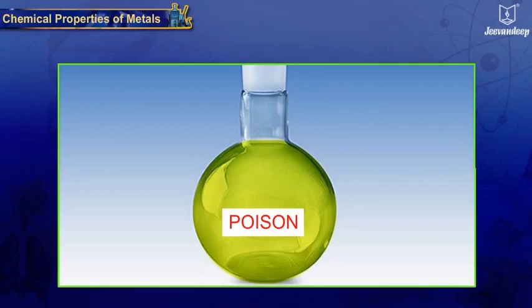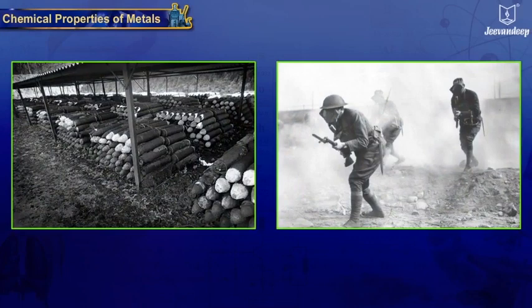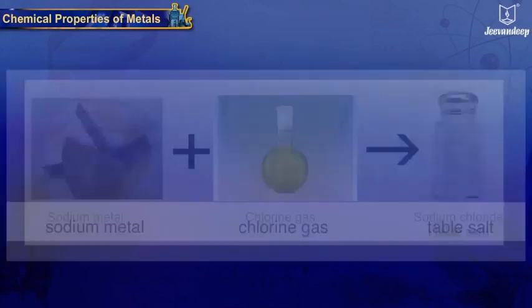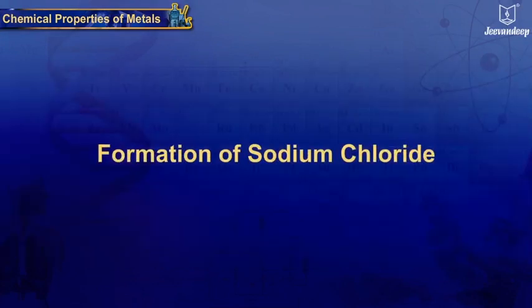Chlorine is a poisonous gas that was used as a weapon during World War I. But these two dangerous substances react together to give sodium chloride, that is, common table salt, an edible substance of daily use. Formation of sodium chloride.